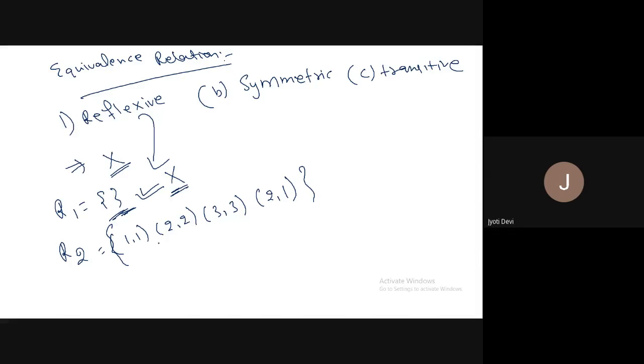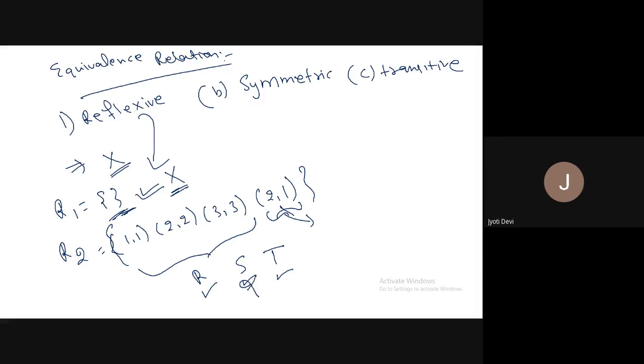Okay, so till here it is okay. It satisfies the property of reflexive, and it satisfies the property of symmetric as well as transitive. But due to this pair, the symmetric property has failed.